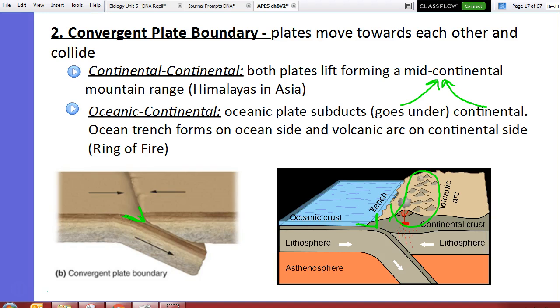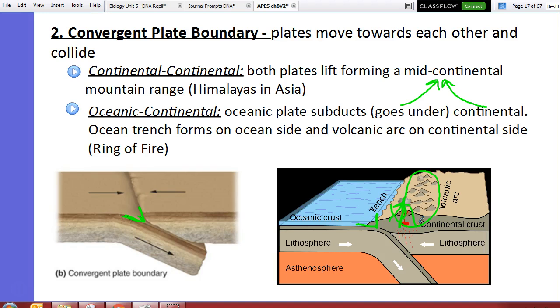Okay, because this plate's going underneath, it's creating magma, and then it's erupting as a volcano. So if you see a whole line of volcanoes, a lot of times we'll see like a whole line of volcanic islands, it's a pretty good guess that that might be subduction or convergent plate boundary where one plate's going underneath another. So if they're converging, they're coming together, one plate's going underneath the other.